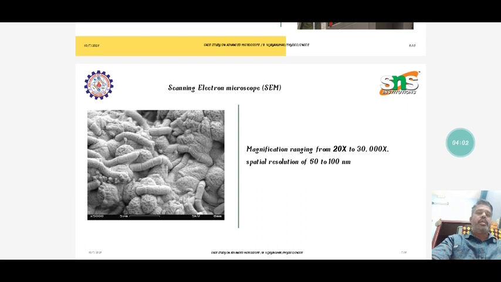The magnification range is from 20x to 30,000x, that means compared to the electron microscope, it is 20x to 30,000x. The resolution is 50 to 100 nanometers. It is high resolution compared to the electron microscope because it scans the range of the surface level.